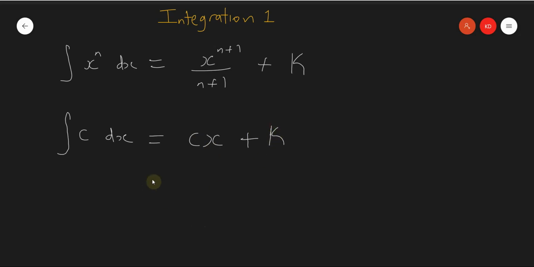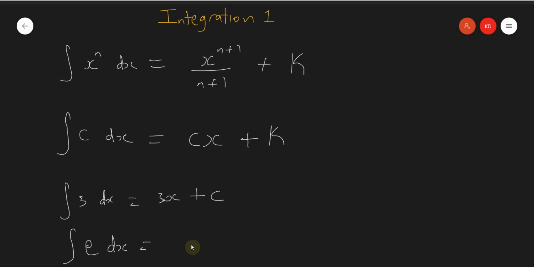Good. So if we should integrate 3 with respect to x, then that's simply 3x plus c. If we should integrate e with respect to x, and just in case you didn't know before, e is a constant. It's approximately 2.718 if memory serves.